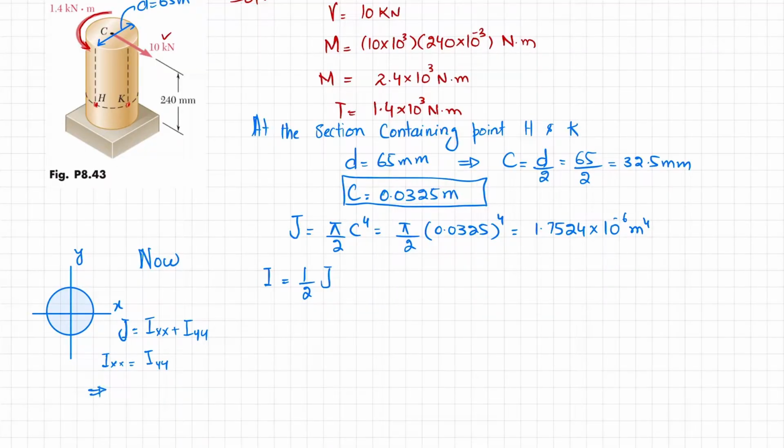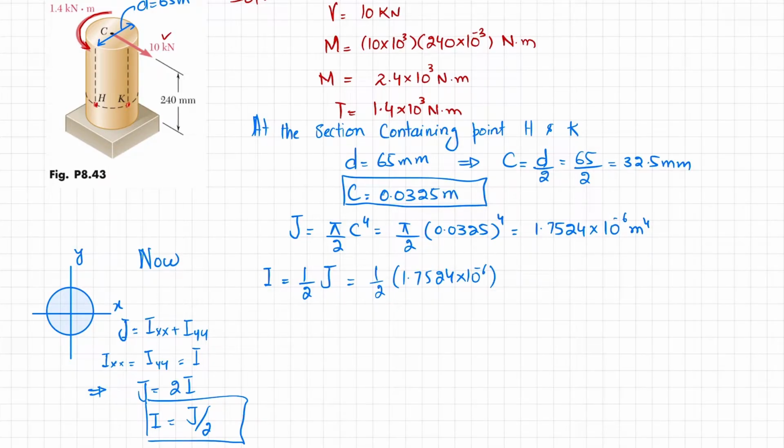So J is equal to 2 times either Ixx or Iyy, and let this be I, so I is equal to J over 2. I have already written that I is equal to J by 2. So you can put the value 1 over 2 multiplied by 1.7524 into 10 raised to the power minus 6. Now you can calculate it, it will be 0.8762 into 10 raised to the power minus 6 meter 4.